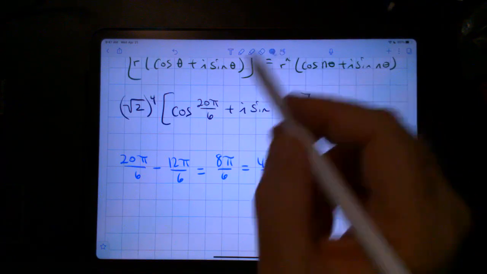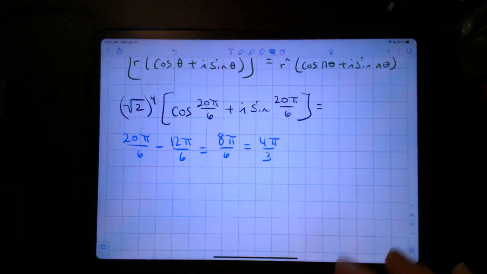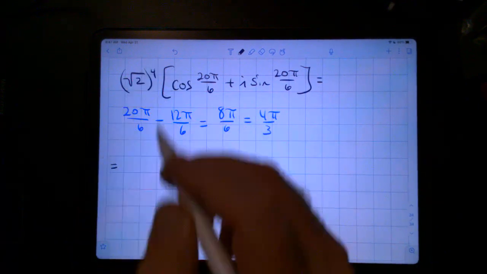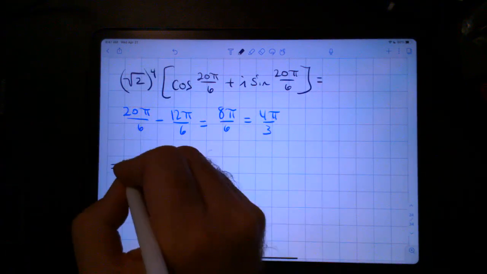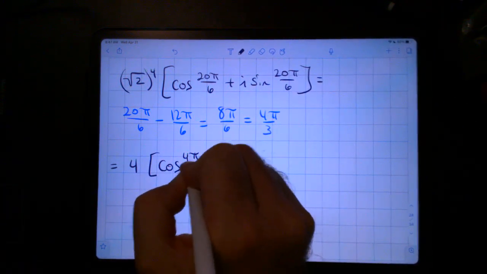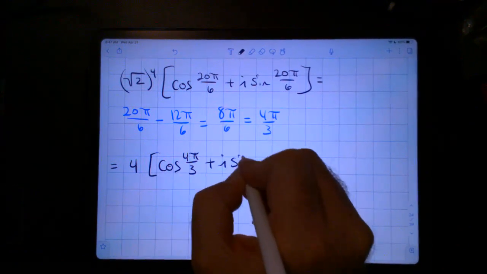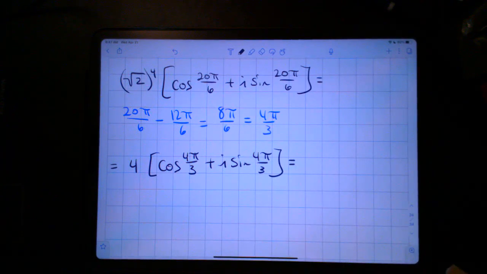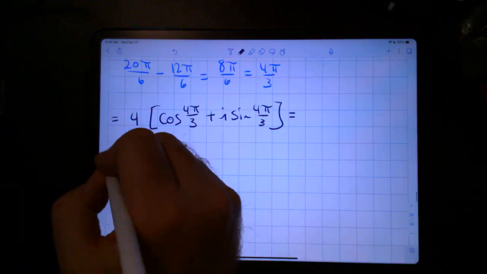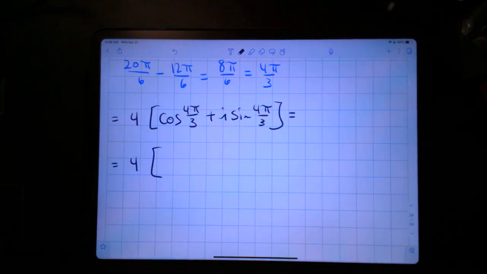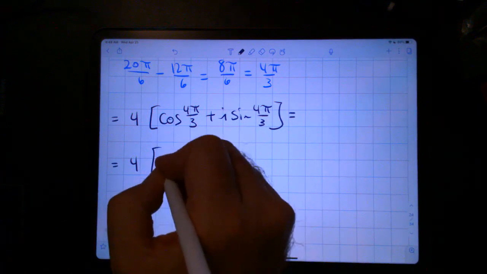So we have this situation. So radical 2 to the 4th power is 4. And then this would be times cosine of 4 pi over 3. Cosine of 4 pi over 3, that's negative 1/2.